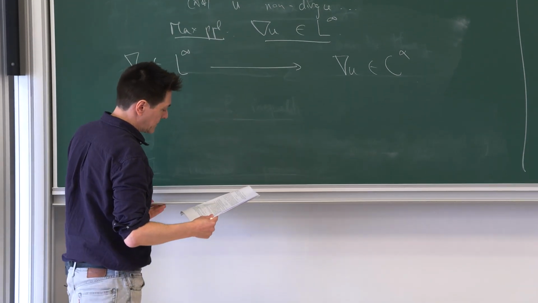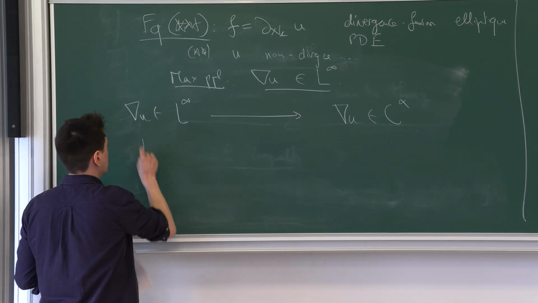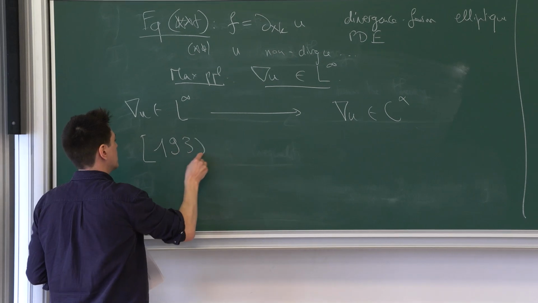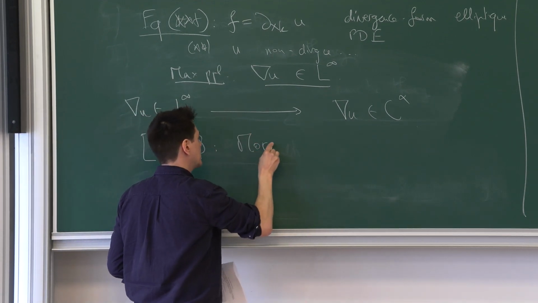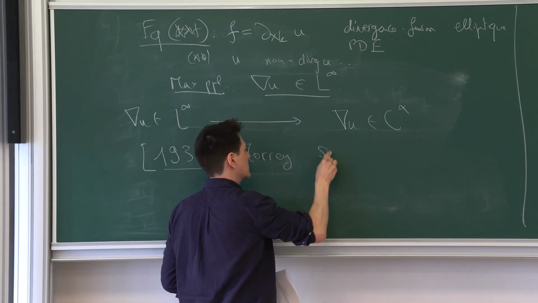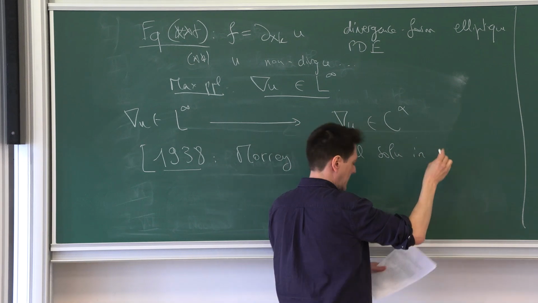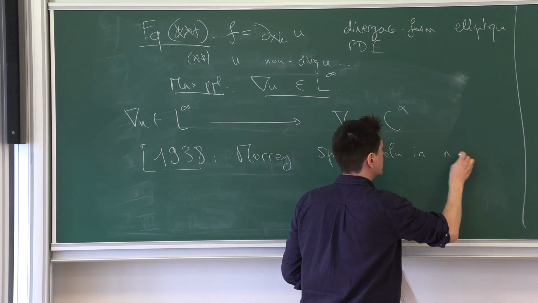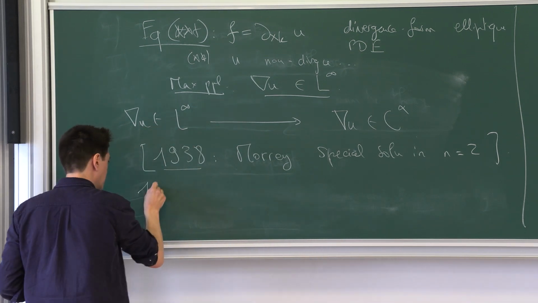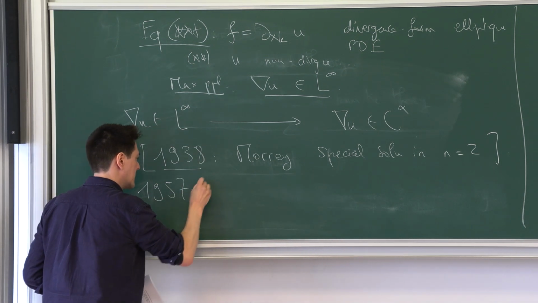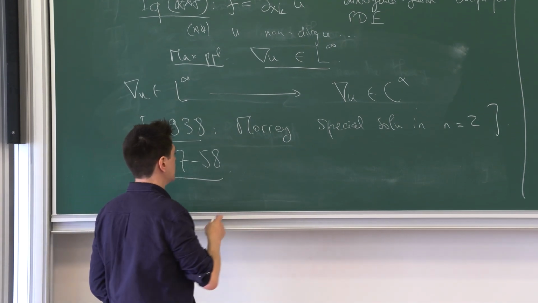So this is where comes the contribution of De Giorgi and Nash. Before, just one decade and a half before they published, Moser gave a special solution in the 2D case. So the solution arrived with the two papers written completely independently.